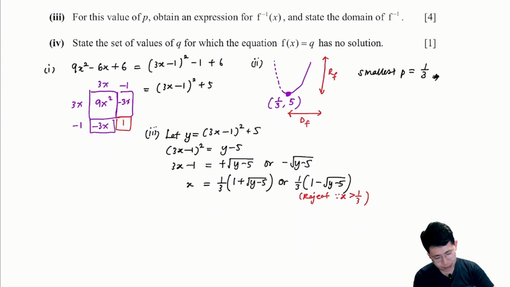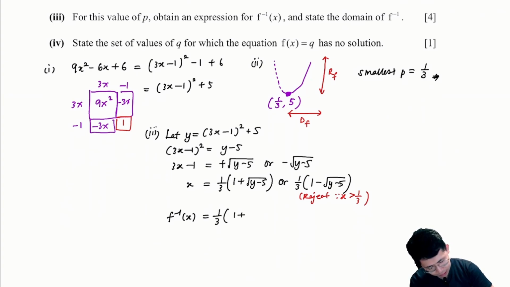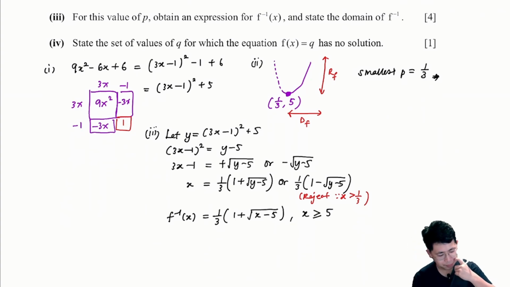With this, the expression for f inverse of x is just changing all the y's back to x. The domain of f inverse would be the range of f, so this one over here would be x greater than or equal to 5.